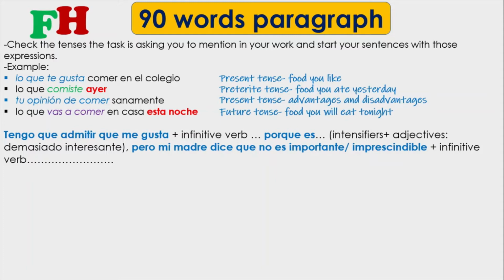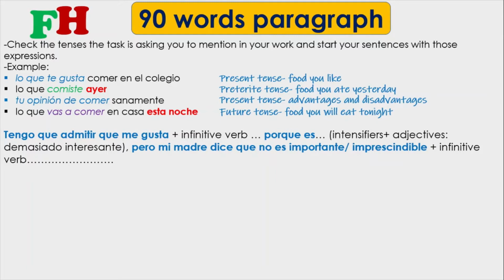So, tengo que admitir que me gusta, and the good thing is, when you'll be using this expression, you don't need to be using anything else than the verb in the infinitive. That means it has to finish in R, or ir. And then you need to drop your reason, porque es, and do not forget that you will need to be using adjectives, and every time you will put an adjective, use an intensifier.